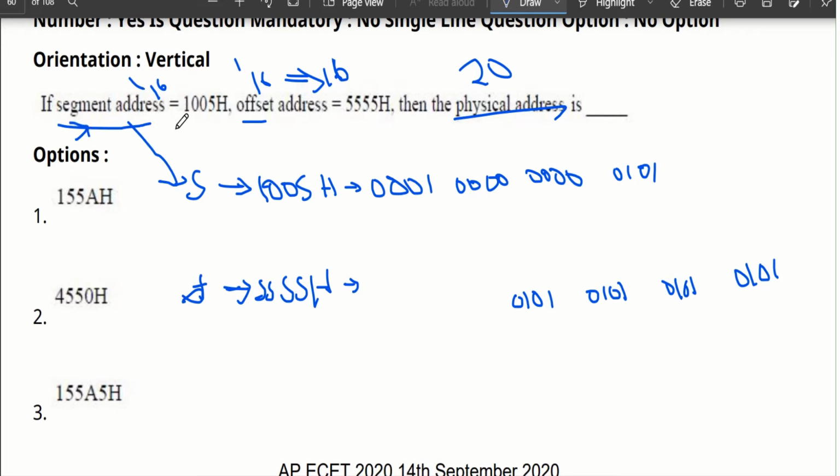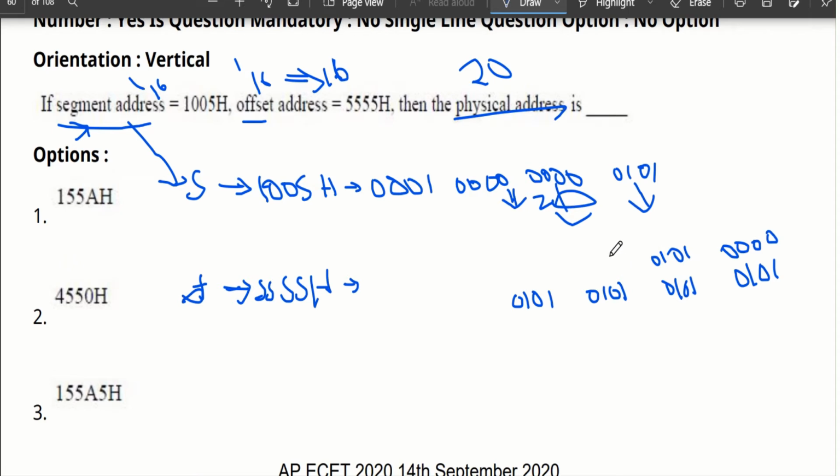We can add 4 bits towards the right side. Now let's convert it into 20 bits. Here we have to add 4 zeros, meaning 4 empty bits, and keep the rest the same.